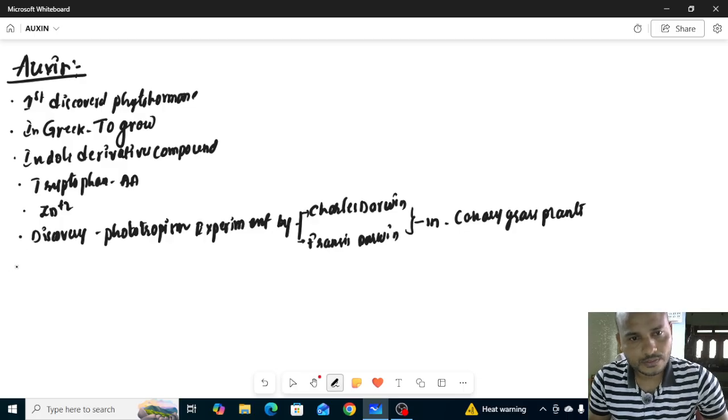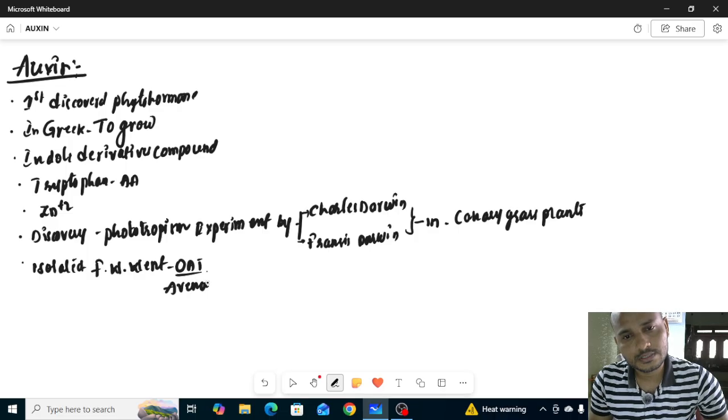And auxin was first isolated by F.W. Went in the oat plant. The scientific name of oat is Avena sativa.